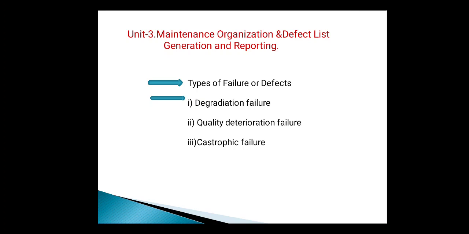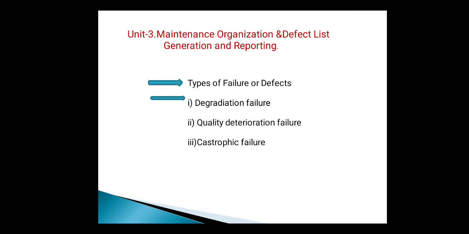It is because of many reasons like environmental effects, corrosion, and contamination, which are the main reasons for these failures. Just now I told you that during the design stages we are going to face many problems, so degradation is also one of those. Because of these reasons we are going to face some failures. That is considered as degradation failure.